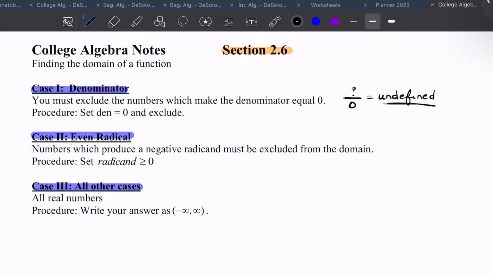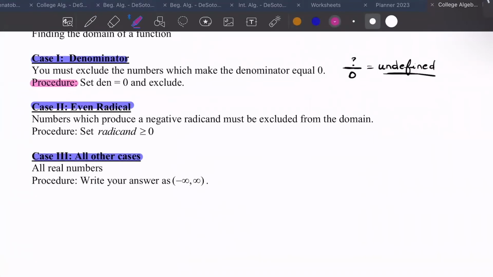Undefined is an issue, and so we want to exclude all the numbers that would make our denominator equal to 0. So your procedure is to set your denominator equal to 0 and exclude those numbers.